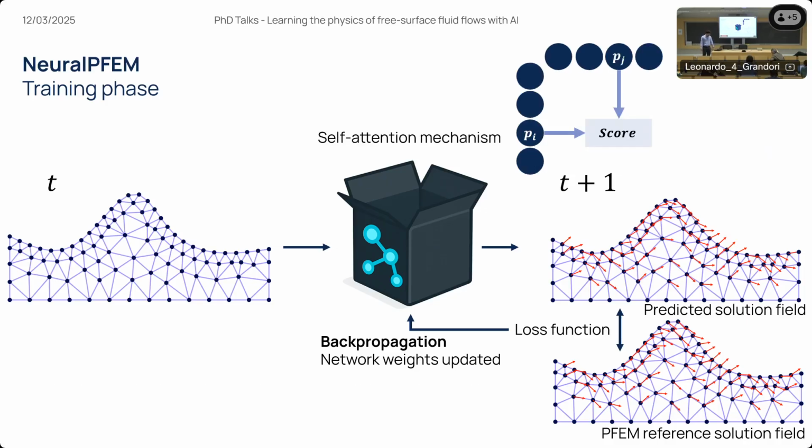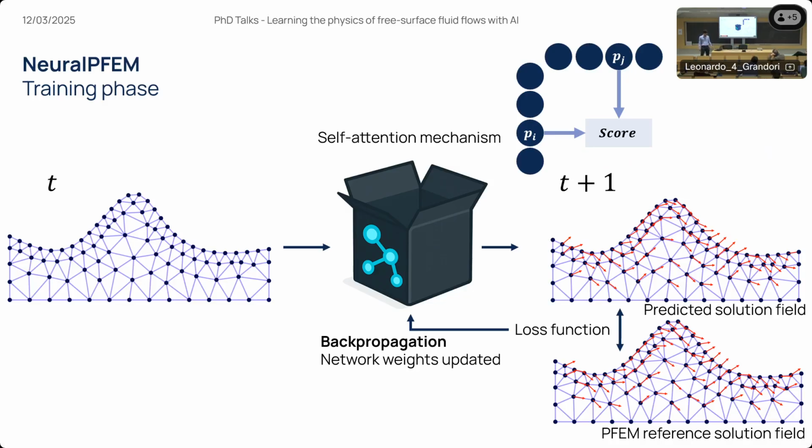And we are recently moving to another kind of architecture, the self-attention architecture, which does not consider the edges that connect the nodes, but computes and learns the interaction between different particles through a score that is learned as well during the training.